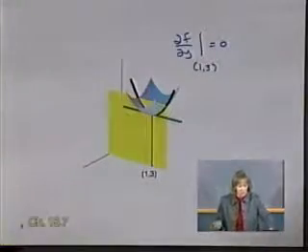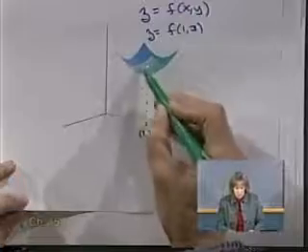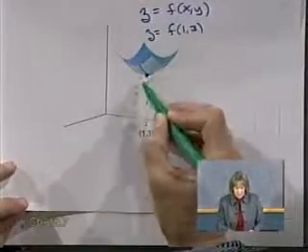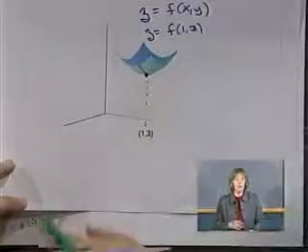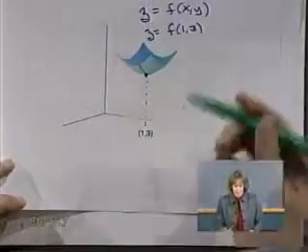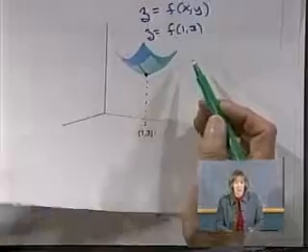You could say, I could slice this curve any way I want. No matter which directional derivative I look at, I am going to get a horizontal tangent.